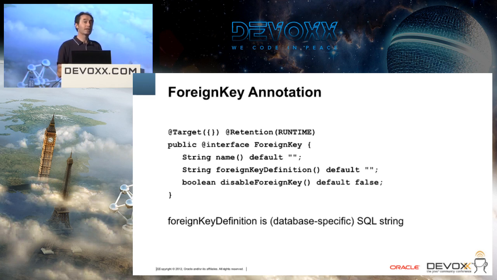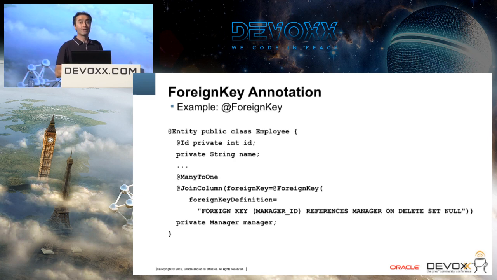So when you use this annotation, if you were to go from, say, SQL Server to Oracle or DB2, this code might not work anymore. This definition. So here's the example, right on the bottom here: foreign key, manager ID, references manager, on delete set null, all that business. It may or may not be portable. What's nice about using the provider to do the foreign key constraint generation is that it is portable.